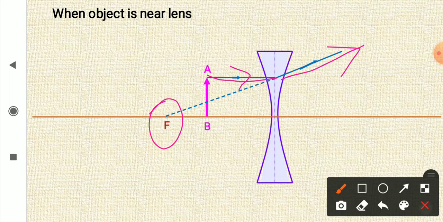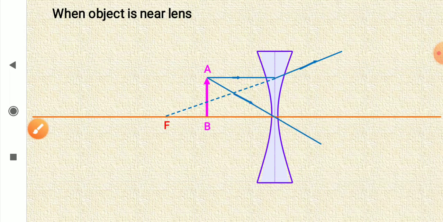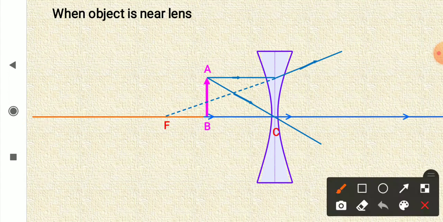That is the definition of focus. Now we will take another ray which is passing through the optic center, and it will go without deviation. Then we take a ray along the principal axis, that will also go without deviation.